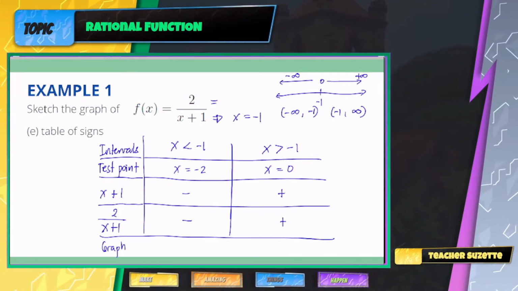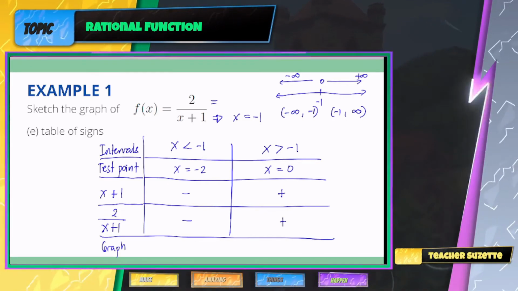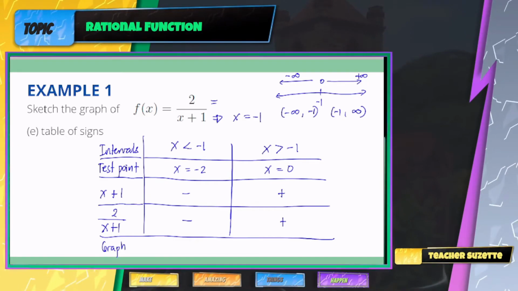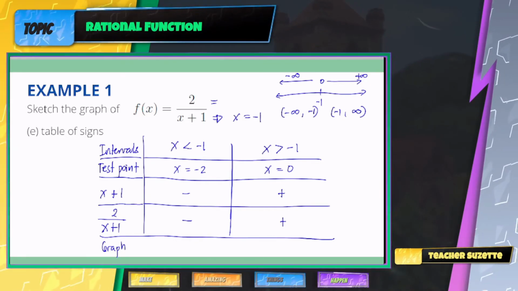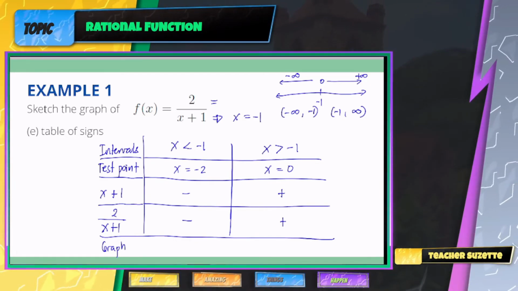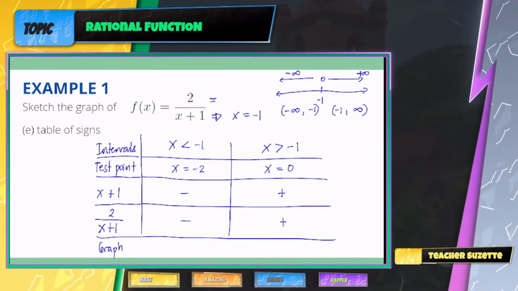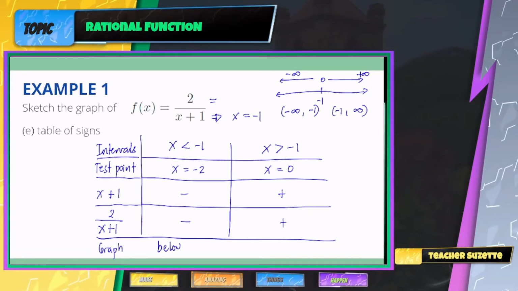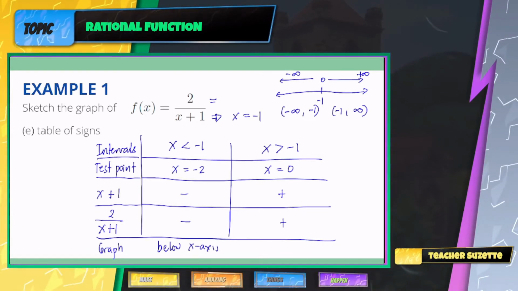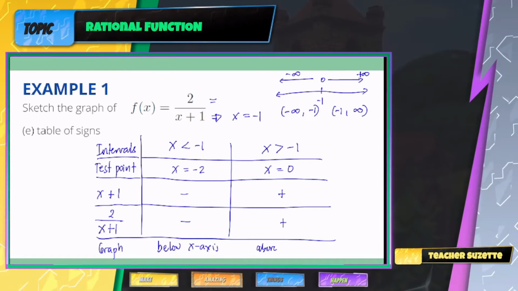When our table of values is negative, it means our graph is below the x-axis, and for the positive, it is above the x-axis.